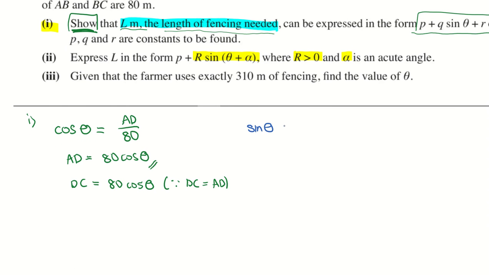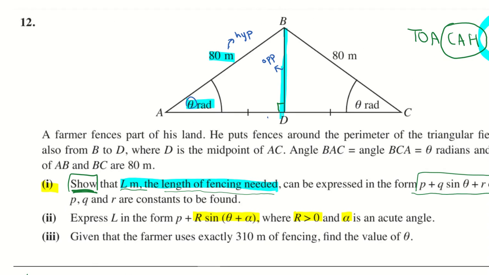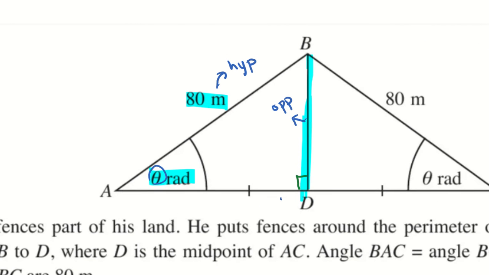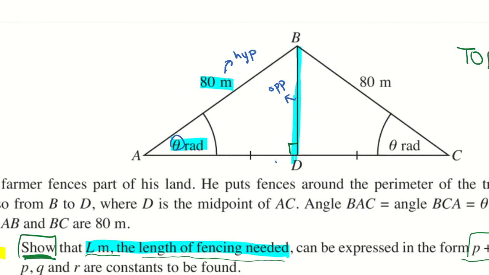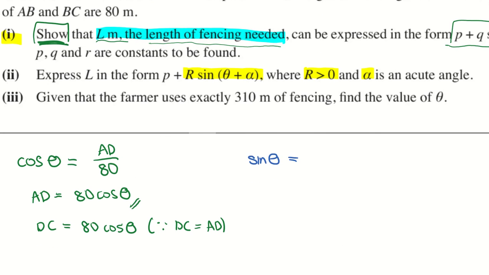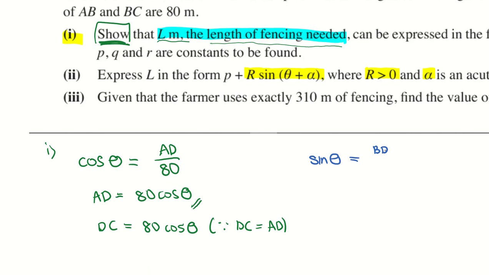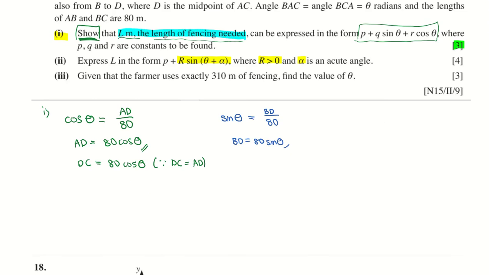Sine theta is opposite over hypotenuse. Opposite is BD over hypotenuse 80. I can find what BD is. So I'm done with finding all the lengths.